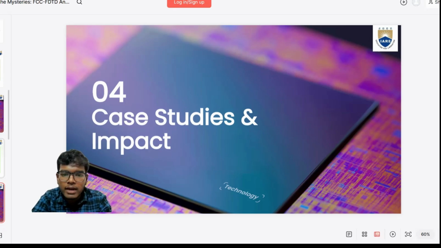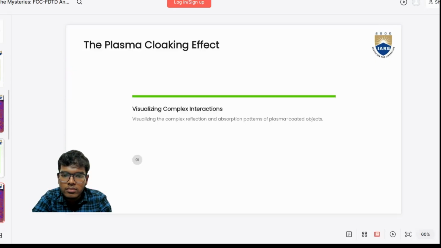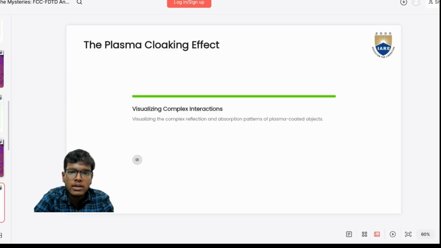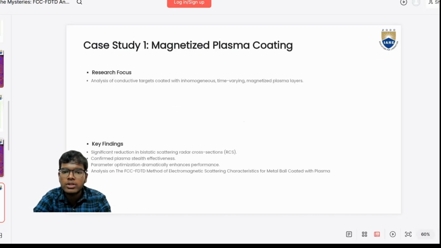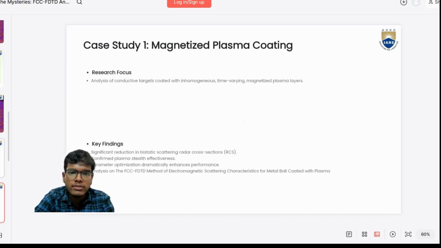Case studies and impact. The plasma cloaking effect: visualizing the complex reflection and absorption patterns of plasma coated objects. Case study 1, magnetized plasma coating.